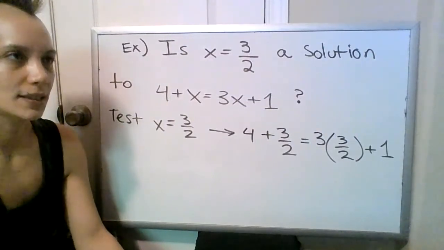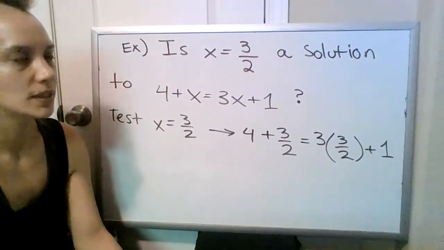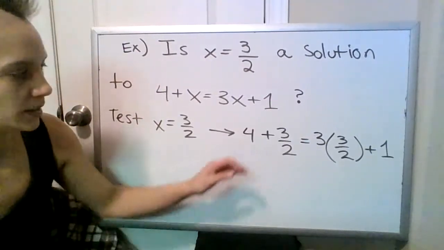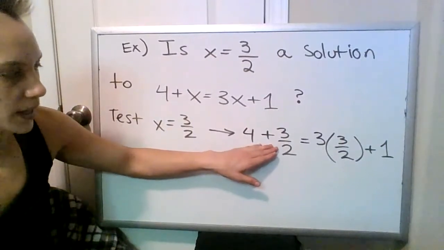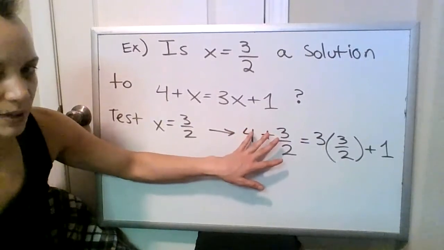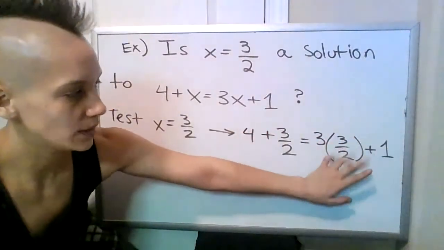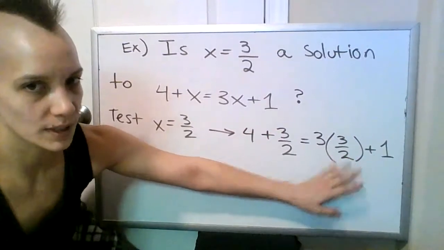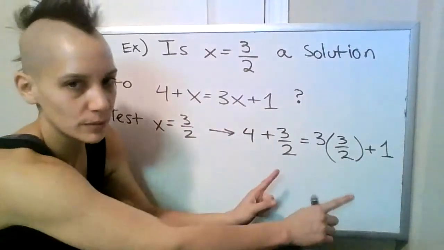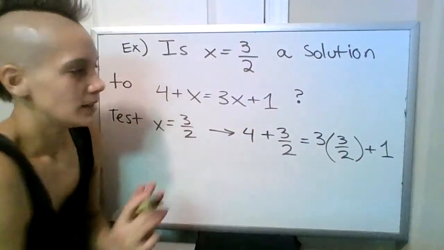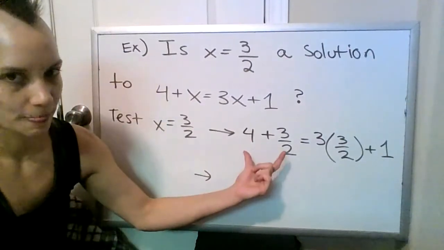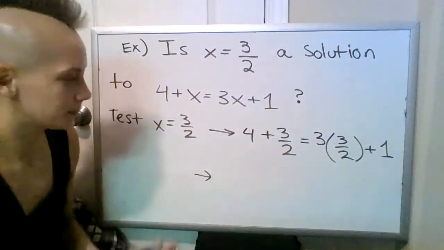So we really don't want to move any of the terms around. You just want to simplify, or combine these fractions on one side, leave the other side how it is and work with those numbers. But we don't want to start moving stuff around, like don't subtract 1 from both sides. Start with one side. 4 plus 3 halves.